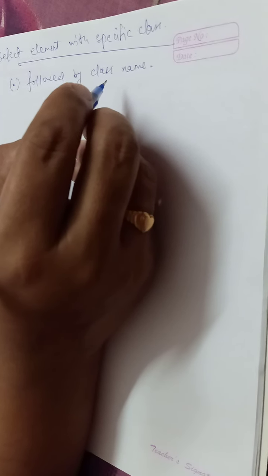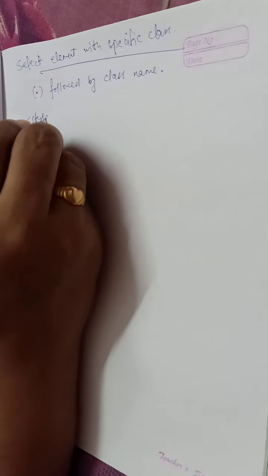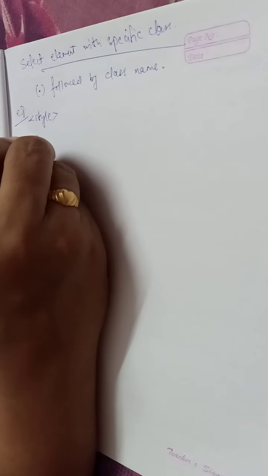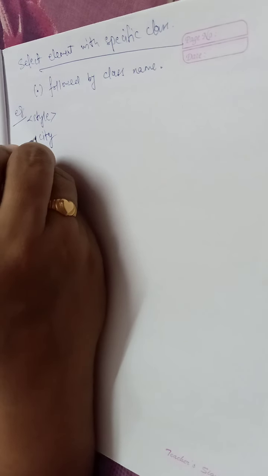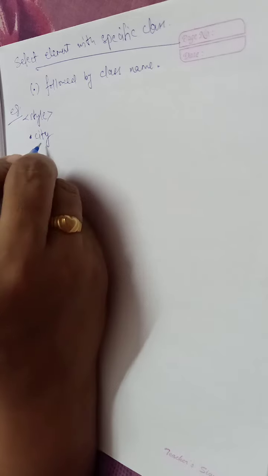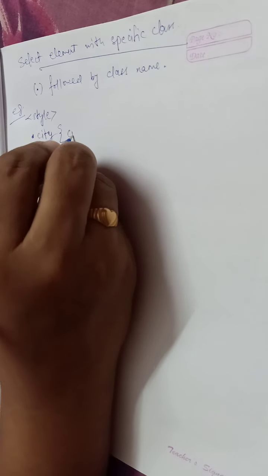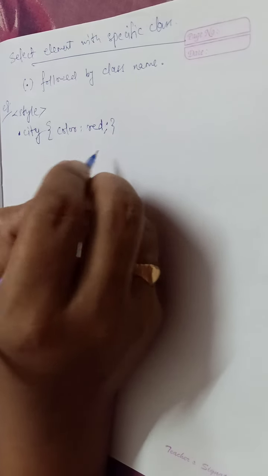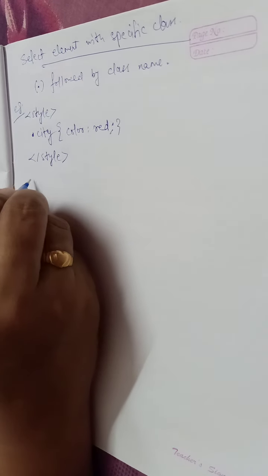For example, this is my style tag, I'm starting with that. So dot city, this is the period character followed by the class name, and suppose I am writing the text color is red. I'm finishing my style tag.